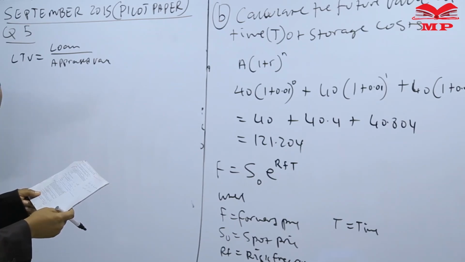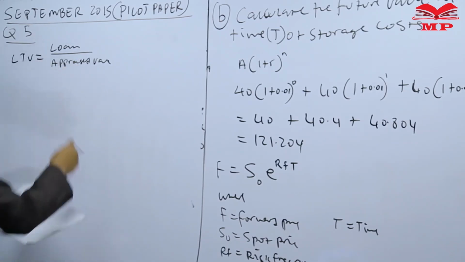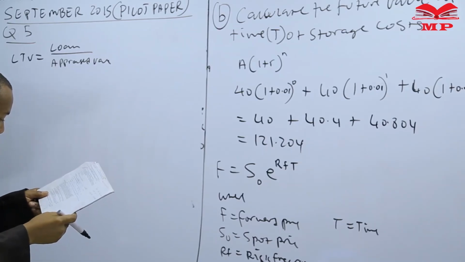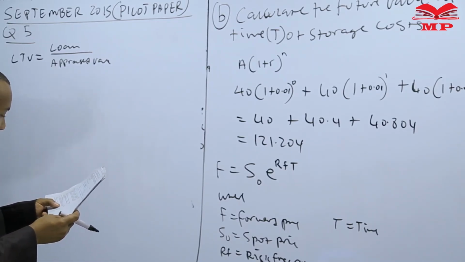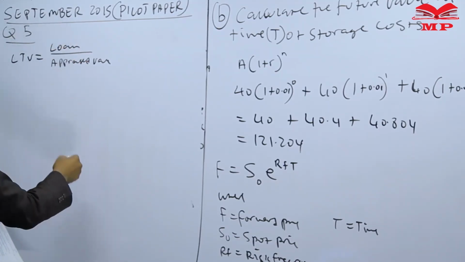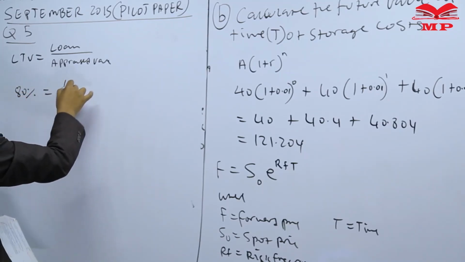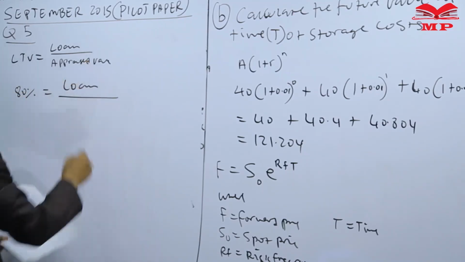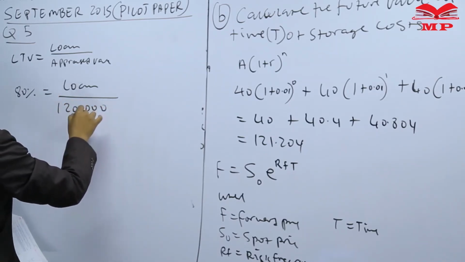The loan to value ratio does not exceed 80%, so we can get the loan amount. 80% equals loan divided by the appraised value of 1,200,000.